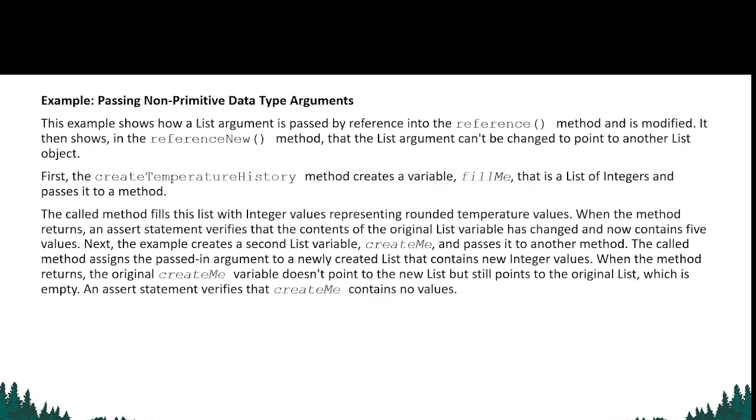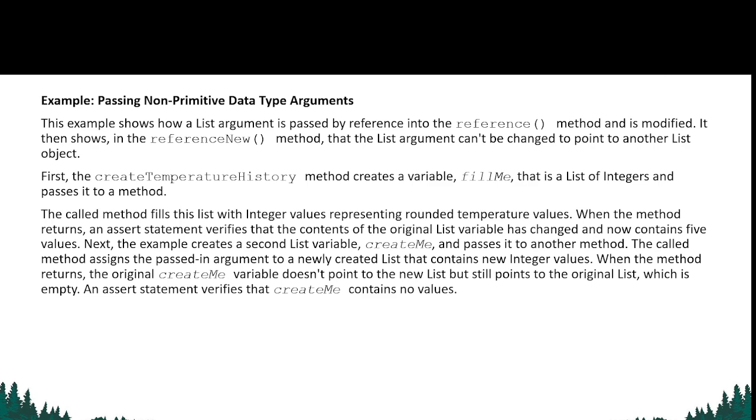Firstly, we are using the create temperature history method, which creates a variable fill me, a list of integers, and then it is passed to the method. The called method fills this list with integer variables representing the rounded temperature values. When the method returns, an assert statement verifies the contents of the original list variable that is changed, and now it contains different values.